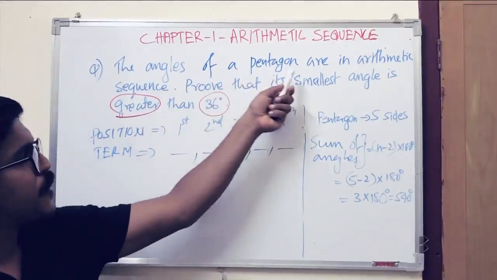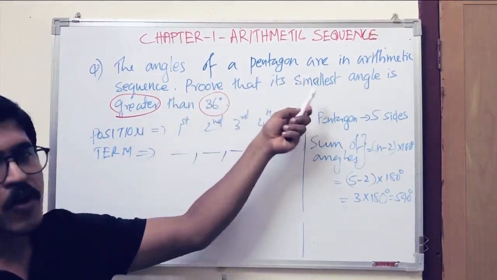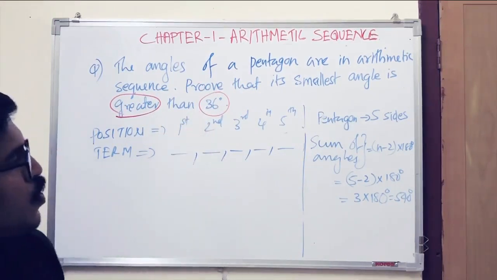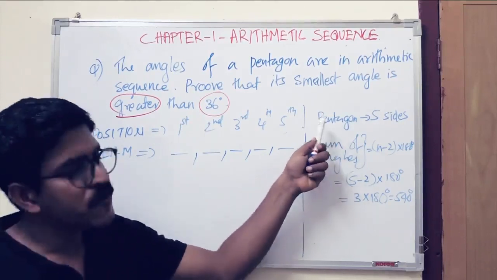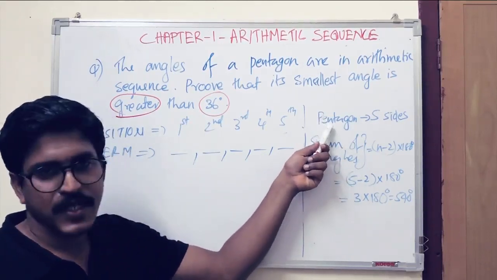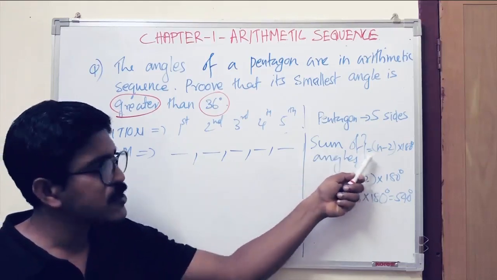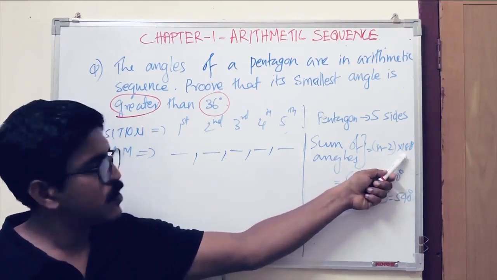The angles of a pentagon are in arithmetic sequence. Prove that its smallest angle is greater than 36. All of you know what a pentagon is. The 5 sides of a geometrical figure is called a pentagon. The formula to find the sum of angles is (n - 2) into 180.